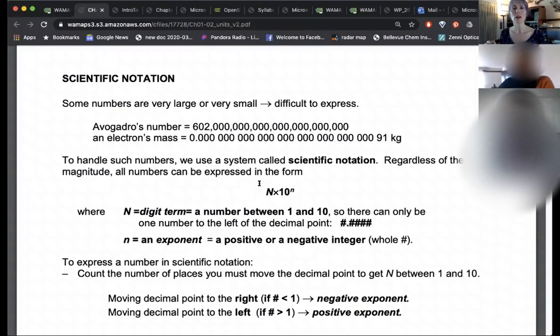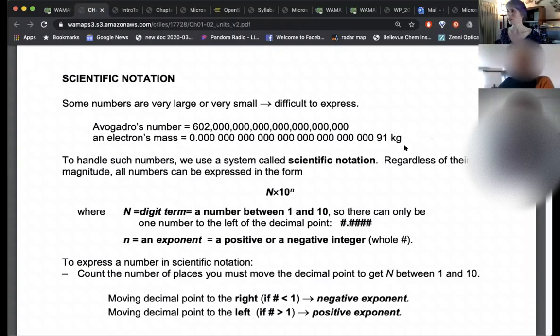We're pretty good with numbers from 0 to 20. If I said I have 15 apples, you can picture it immediately. But if I tell you that the electron is 9.1 times 10 to the minus 31 kilograms, you don't have a vision for that. We just don't have the conception of what that really means.